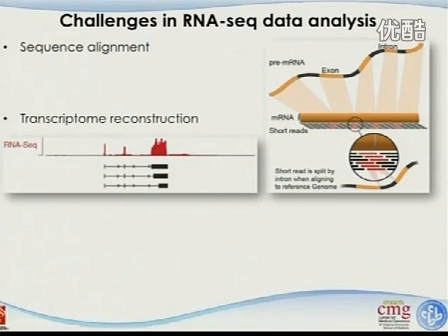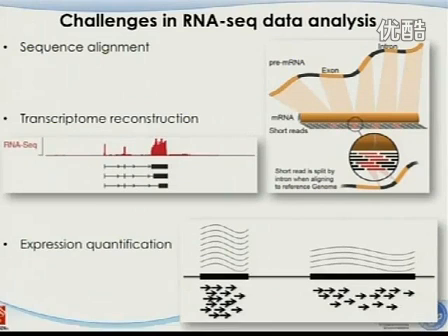And the second challenge is transcriptome reconstruction. Let's say this is one gene, and at this gene you observe these kinds of signals in an RNA sequencing experiment. But this is a reverse problem: if you see these RNA sequencing signals and you want to infer what kind of gene structures the original samples had, it becomes very, very difficult.